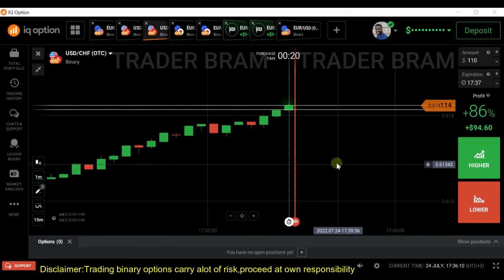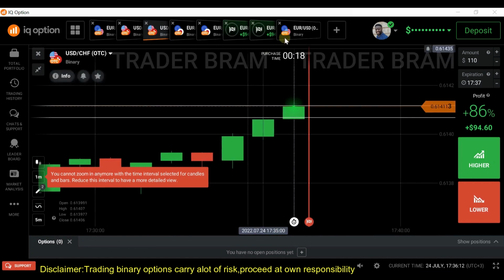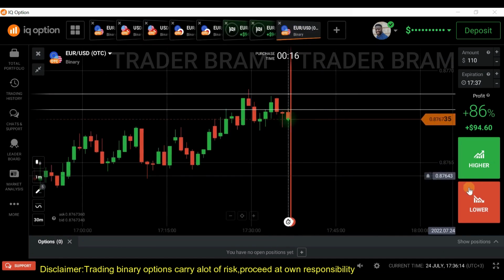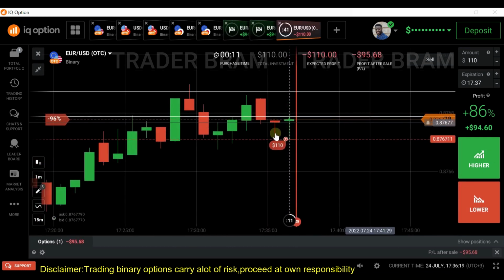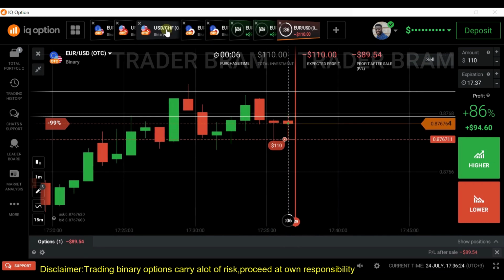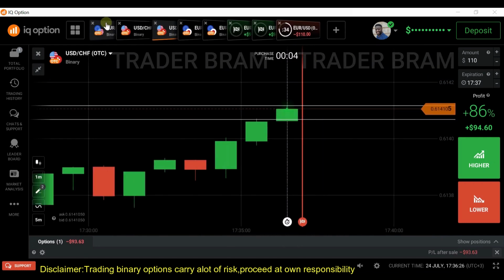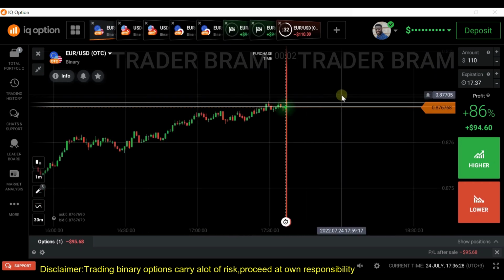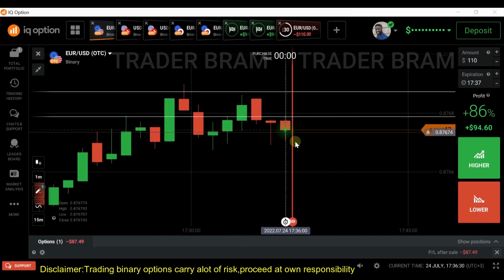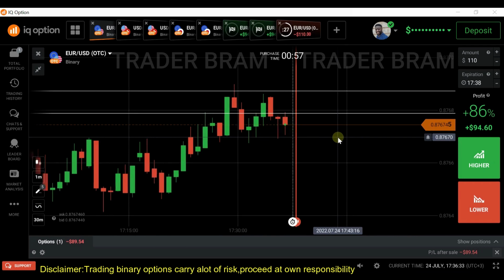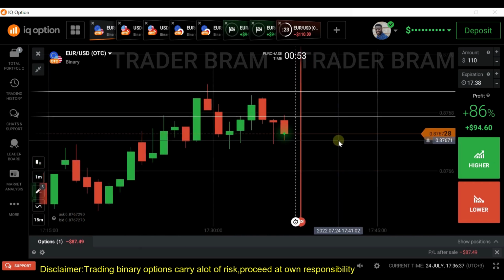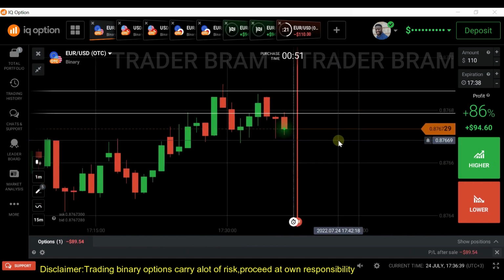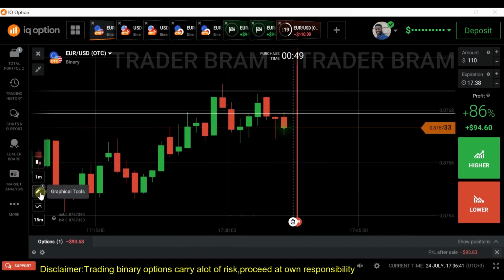So we can wait and see if this area can be broken. That's a late entry, but I expected the market to move more down. That was a late entry, but no problem. Let's wait and see if this area will be broken.